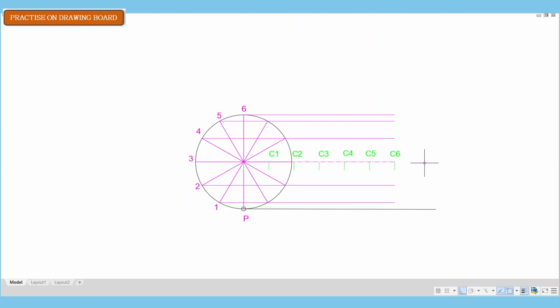Now we can look at drawing the half revolution of the cycloid in place. We ought to label the center point as well.